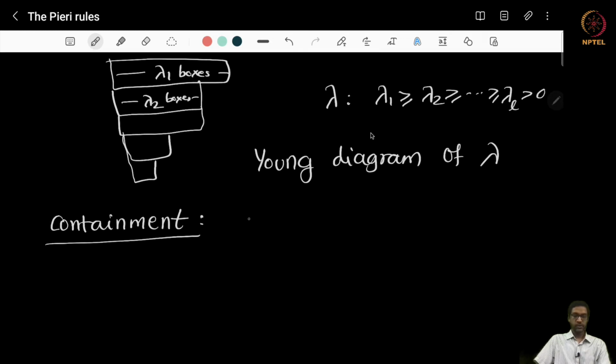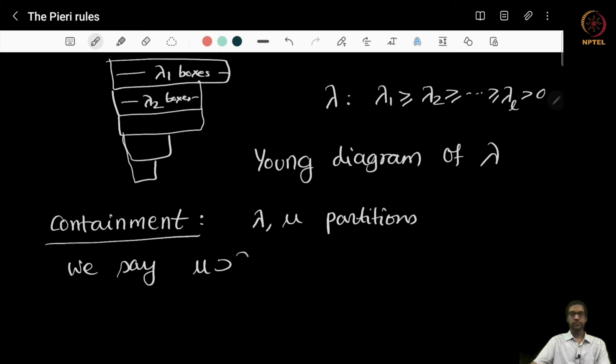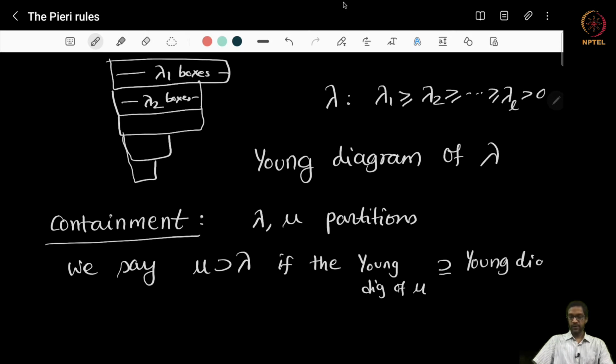Given partitions lambda and mu, we say mu contains lambda if the Young diagram of mu, the diagram of boxes, contains the Young diagram of lambda.